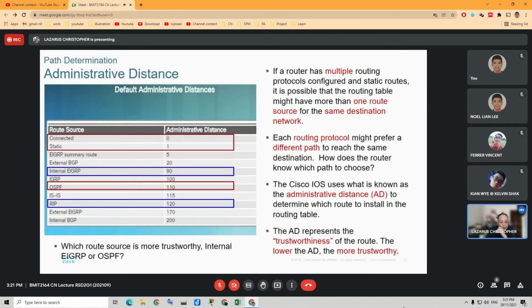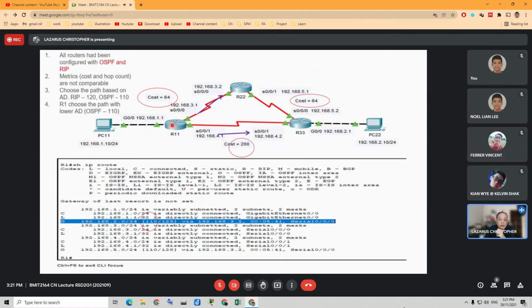Since RIP is 120 and OSPF is 110, if we didn't change the default, OSPF will be more trustworthy. So the router will ignore RIP and go for OSPF. RIP would enter this path, R1 directly to R3, into the routing table, because it's one hop.